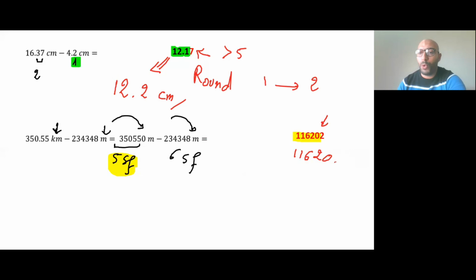We will put a point here to count this 0 as a significant figure. Okay, this is a trailing 0. It only counts when we have a decimal point, and now we have a decimal point, but the result is different. So what we will do, we will multiply by 10. Like that, we get the same result, and we get the 5 significant figures of the starting number, and we put here meter. Any question?